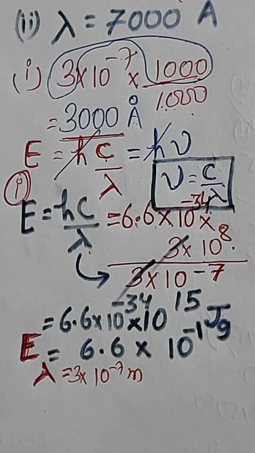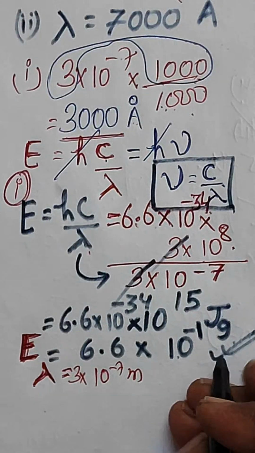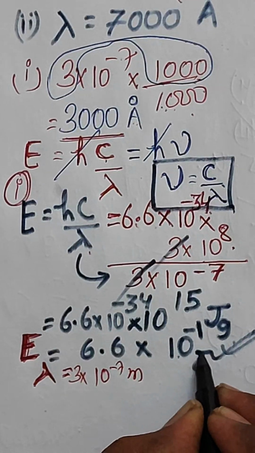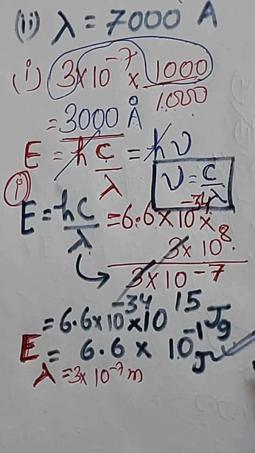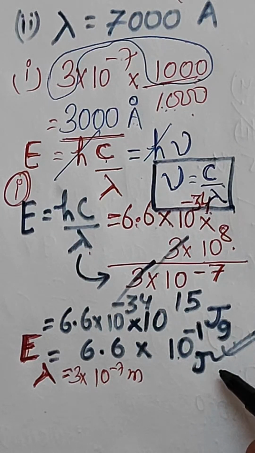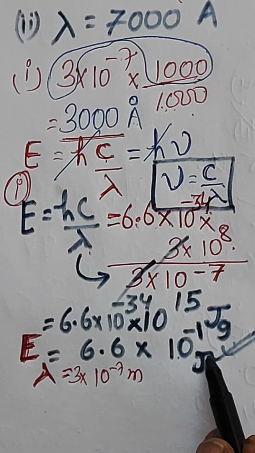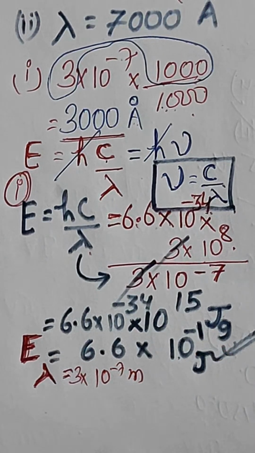And in this way this question is solved. So mind the unit, the unit is always joule over here, and if you want to convert it into electron volts, just divide it by 1.6, and you will get the answer in eV.